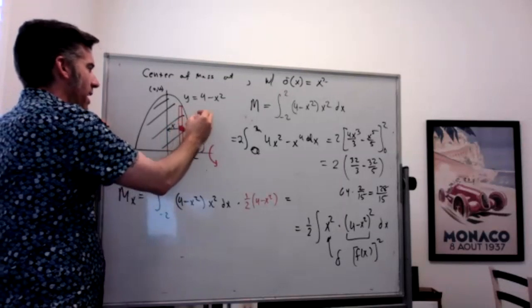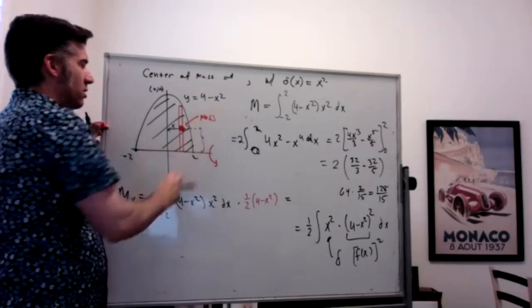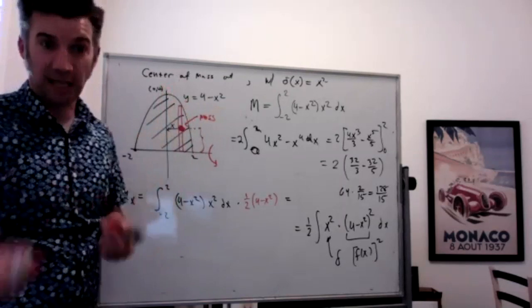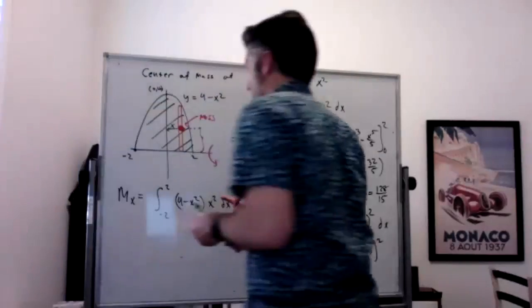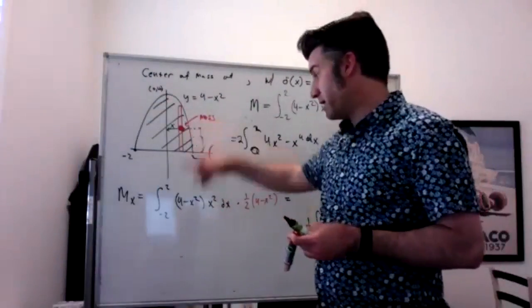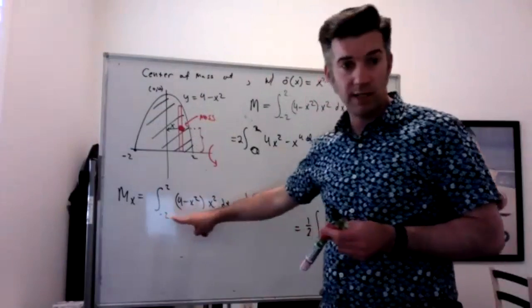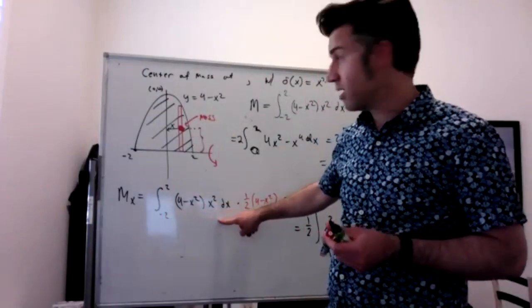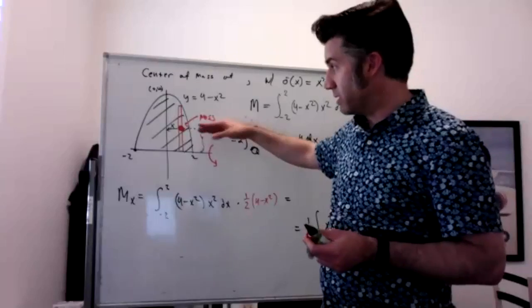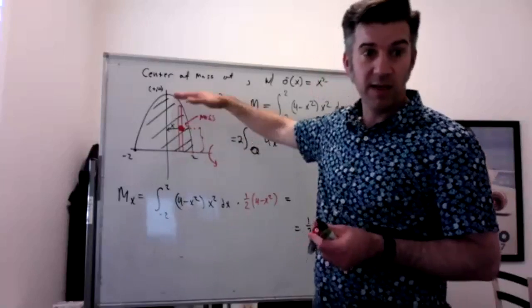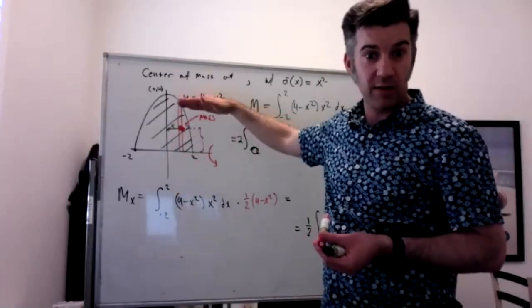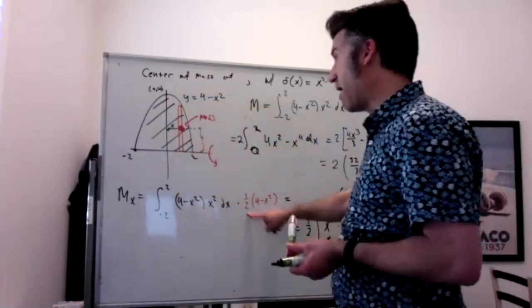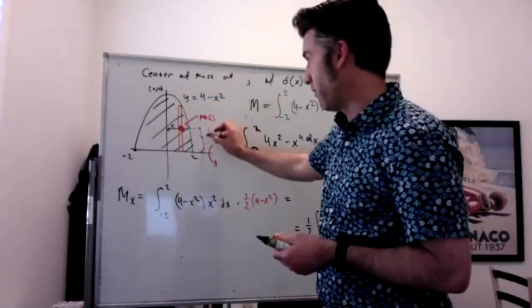So all the mass of that rectangle can be thought of as being centered at its center of mass, which is its center. If all the mass is there, the mass is still the same, right? It's still 4 minus x squared times x squared dx. And the lever arm is at the center of the rectangle, which is half the height of the rectangle. That's how you're getting half of 4 minus x squared. That's how far it is from the x-axis.